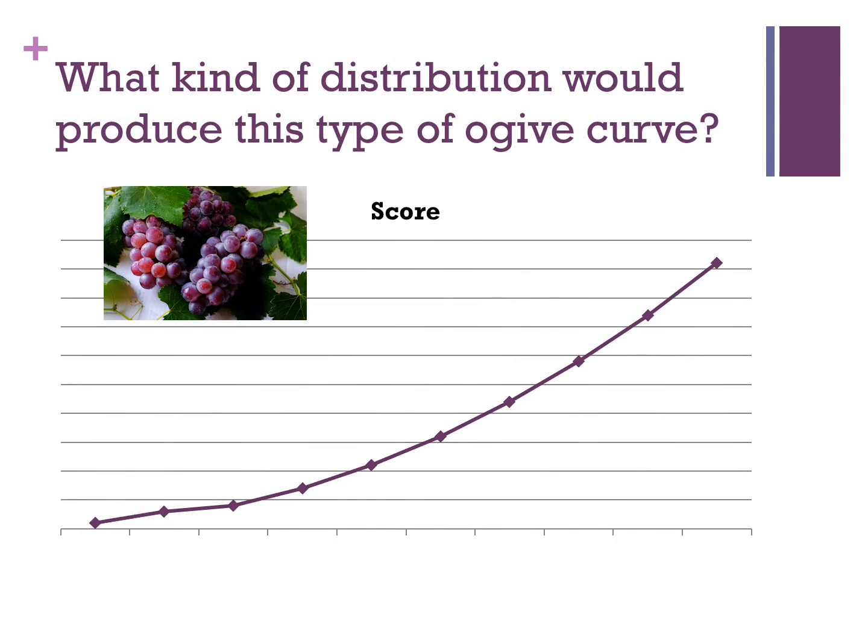What kind of distribution would produce this type of ogive curve? Think about what the ogive curve represents. If we think again about the snow shovel metaphor and visualize a shovel moving from left to right, or from low scores to high scores on the x-axis, collecting people as it goes along, you should be able to get an image of where most of the people scored on the test.